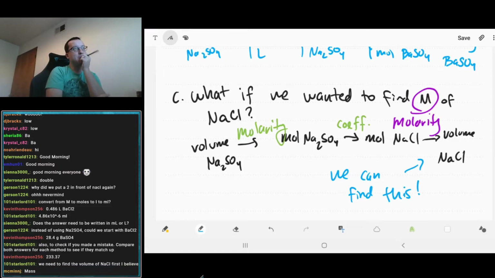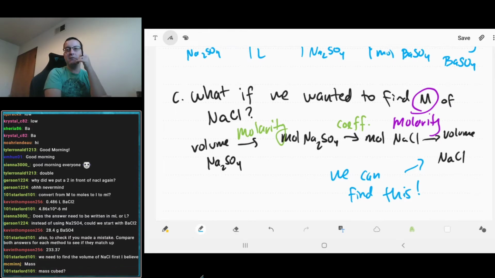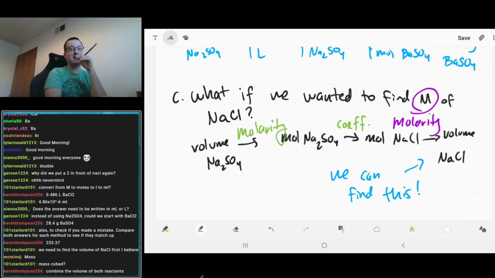From the mass? How is the mass going to help us with the volume? I mean, I guess if we had a density of solution, but there's an easier one. Mass cubed. I like Kevin's answer better.